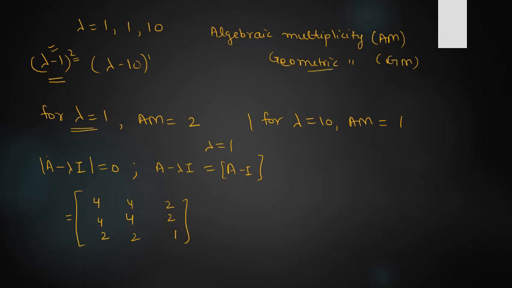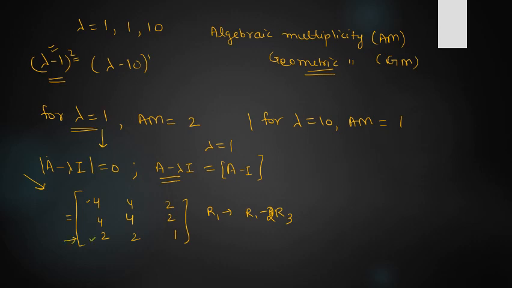remember, we are about to find out geometric multiplicity, and that's why we are doing this. So we have put the value of lambda as 1 and found the matrix. In order to find out the rank, let's see if you can reduce it into any zero form. If we do R1 tends to R1 minus 2R3, because if you see 4 minus 4 will be 0.